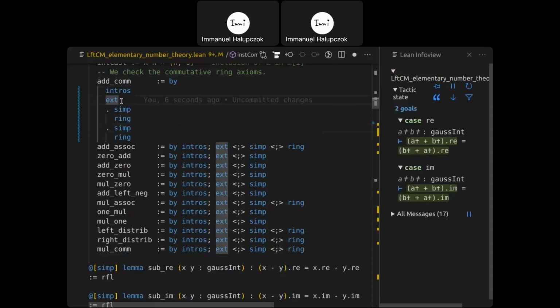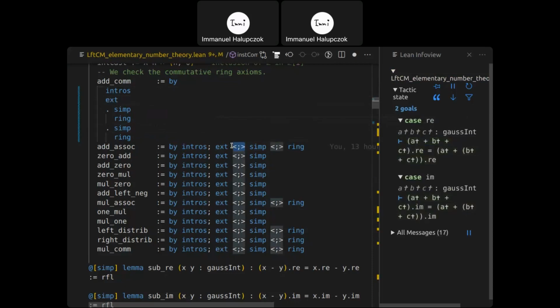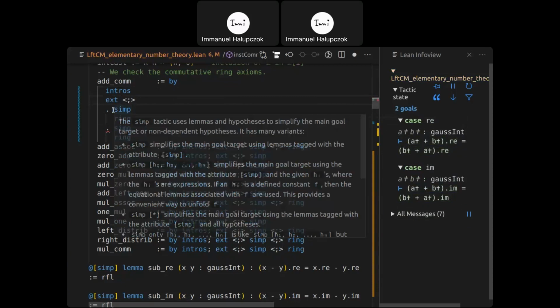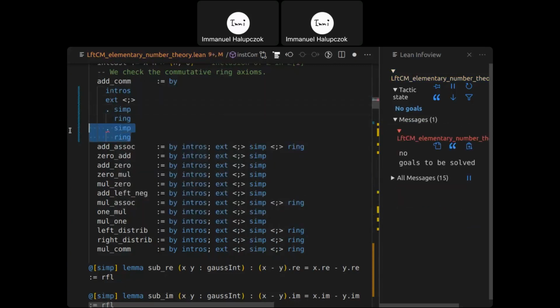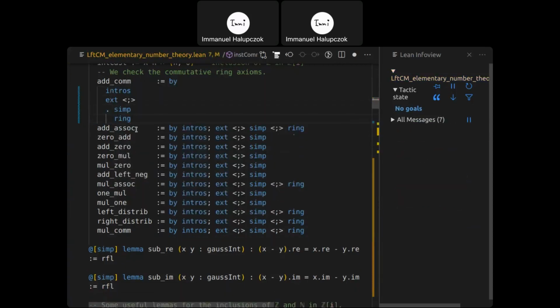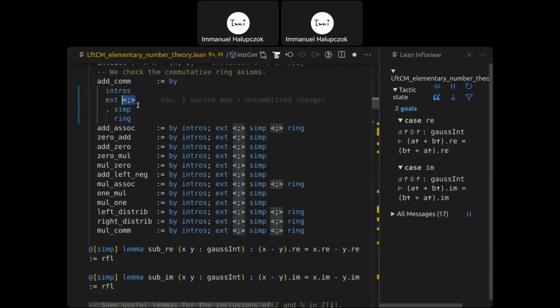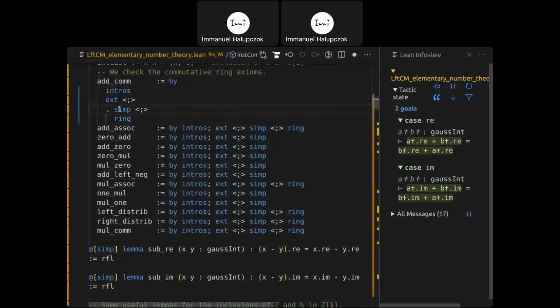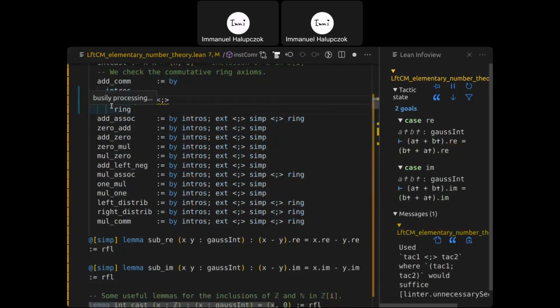So I can use this tactic combinator so that tactics get applied everywhere. Now I can delete the second part, and then similarly I can combine here again. And that's how this becomes just one line.